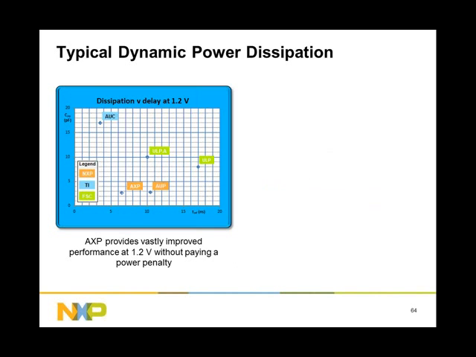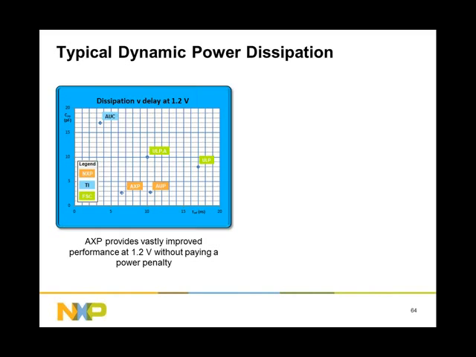Just taking a quick look at the dynamic power dissipation of these devices at 1.2 volts and at the prop delay, you can see that the AXP device has a typical prop delay, for a configurable logic device, of about 6.5 nanoseconds, and its dynamic power consumption is about 3 picofarads.